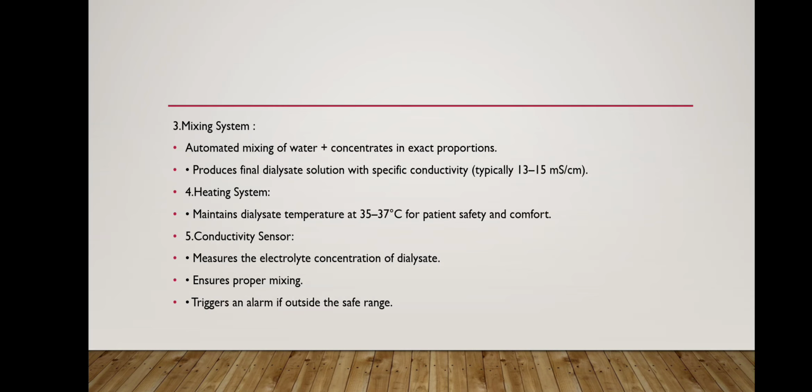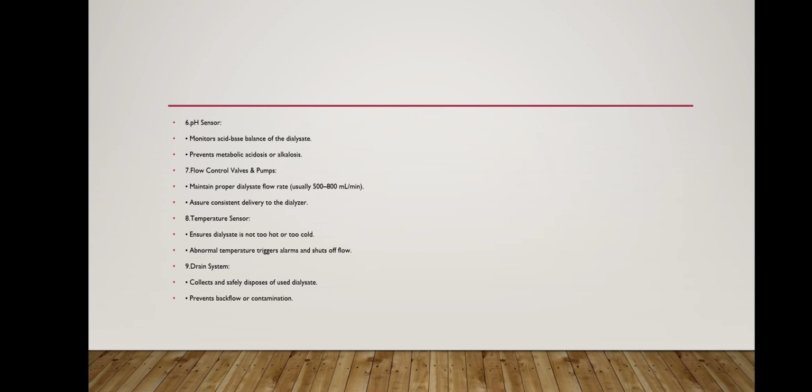The next one is the conductivity sensor, which measures the electrolyte concentration of the dialysate and ensures proper mixing. It triggers alarms if the concentration is outside the safe range.